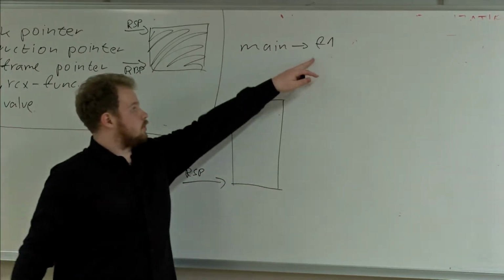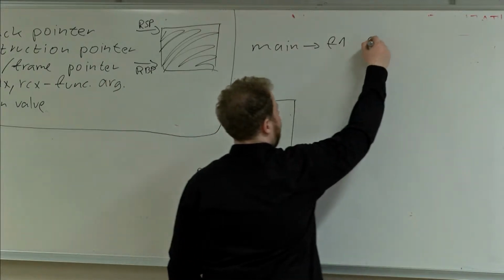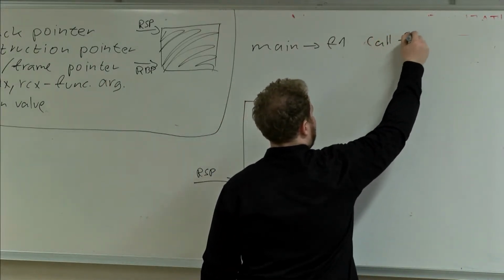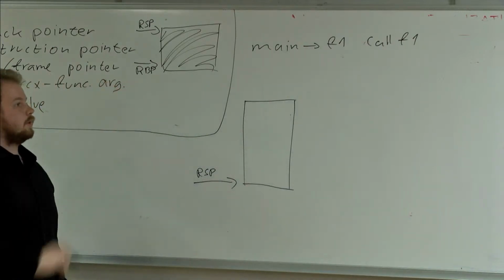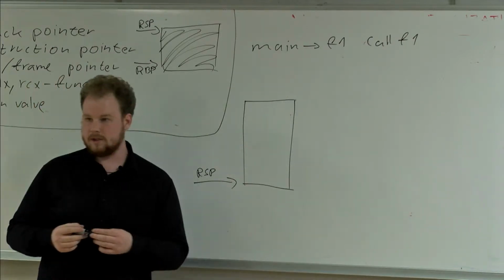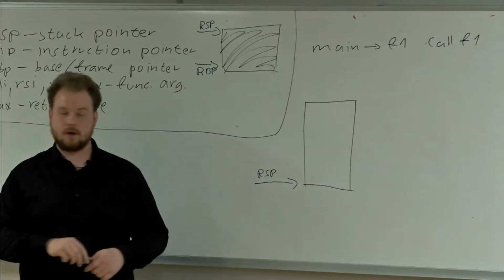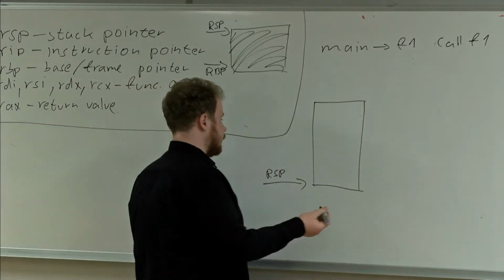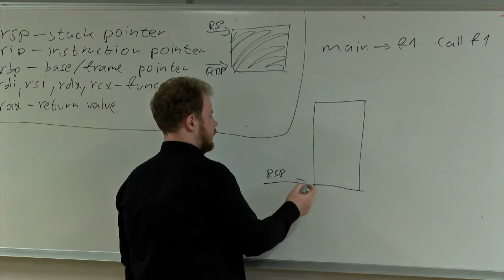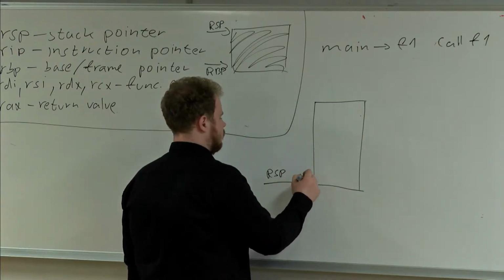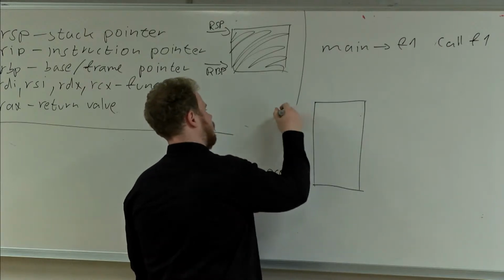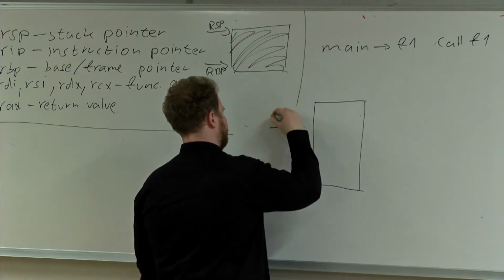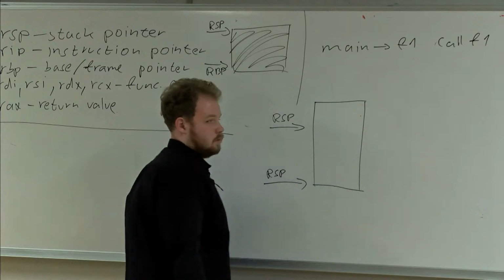Then the instruction call F1 is executed, and the function prolog of F1 will create space for its local variables. In this scenario, some value will be subtracted from the stack pointer, and it will be placed higher on the stack.